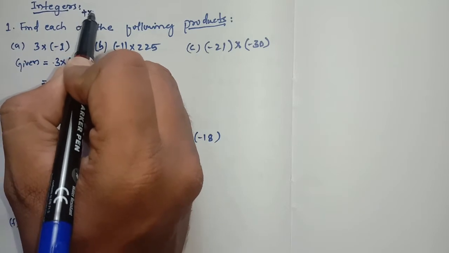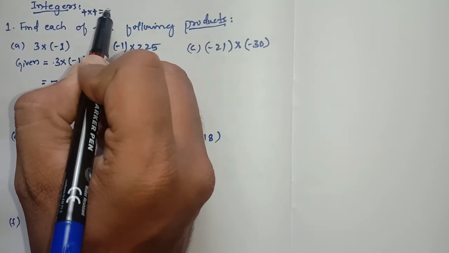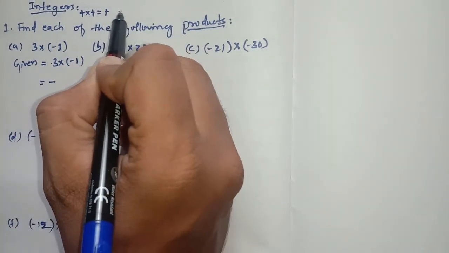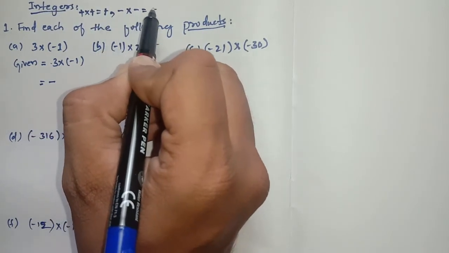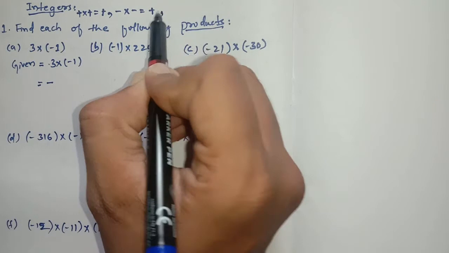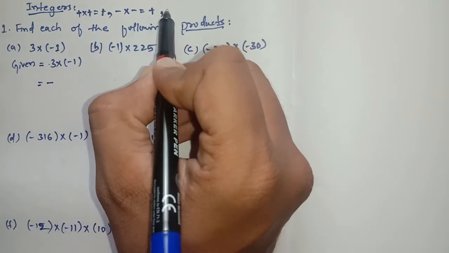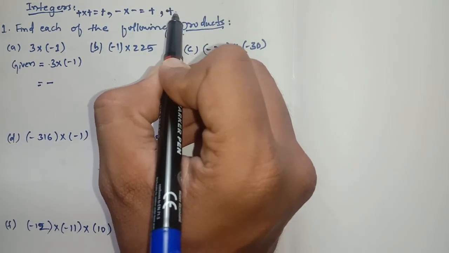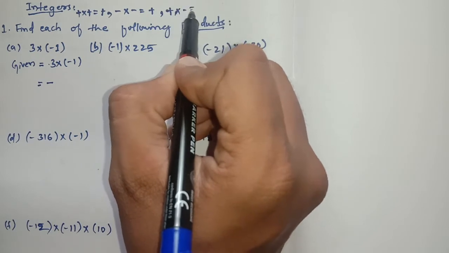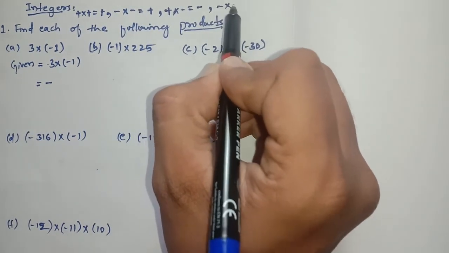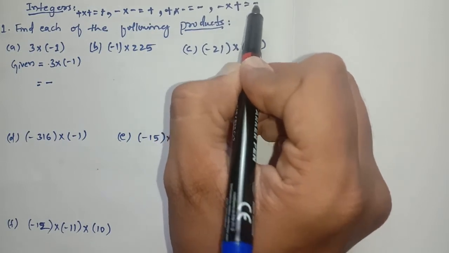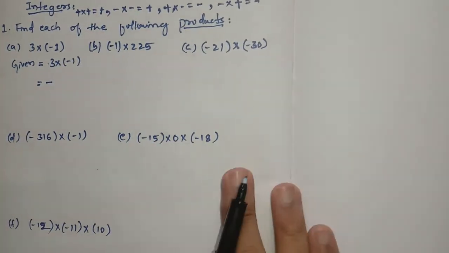Plus into plus is equal to plus. Minus into minus is also equal to plus. Then plus into minus is equal to minus. Minus into plus is equal to minus.